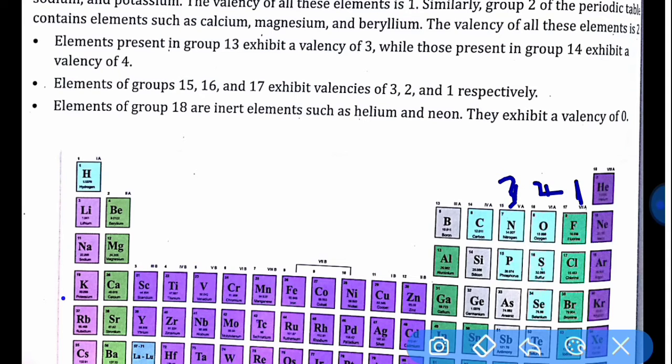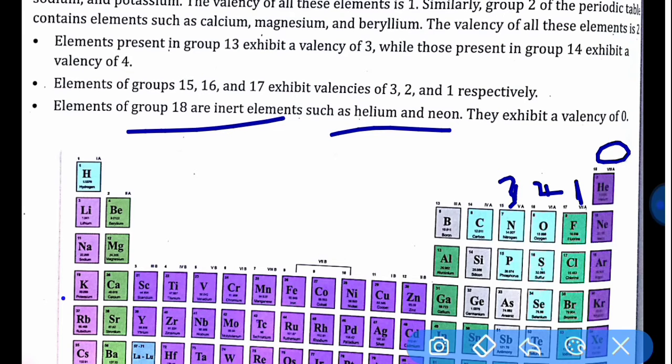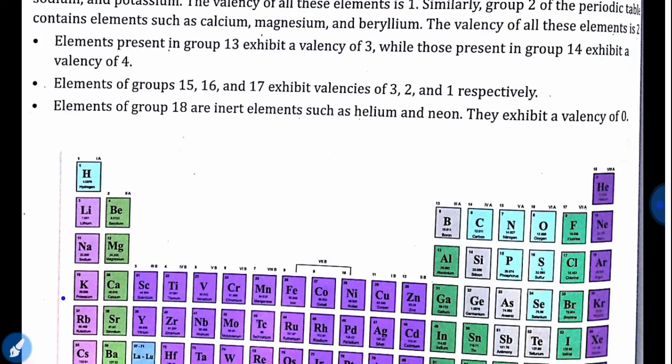Group 18 elements are inert elements such as helium and neon. They exhibit a valency of 0, because their outermost shell has 8 electrons and is completely filled, so they do not react with any other elements. That is why they are called zero group elements or inert elements. So this is about the valencies.